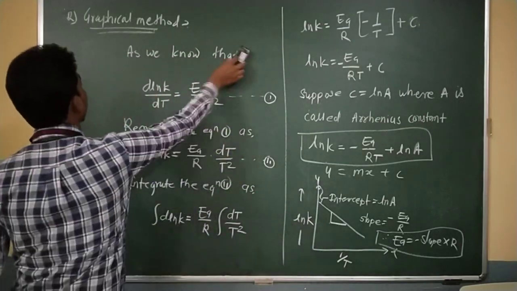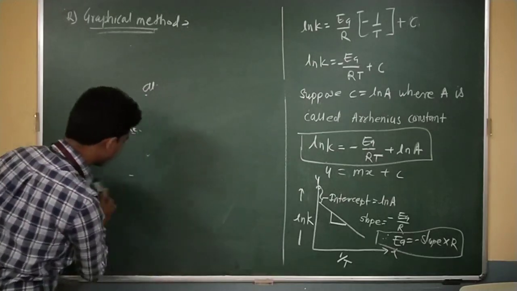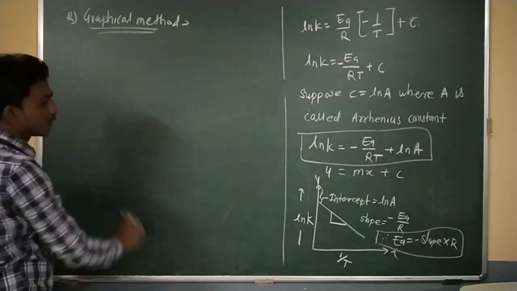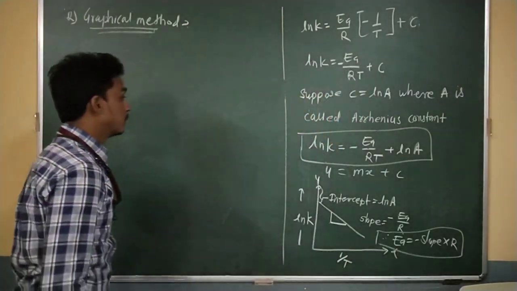So these equations I can write in another form also, because ln is there. We know ln of k means log to the base e.